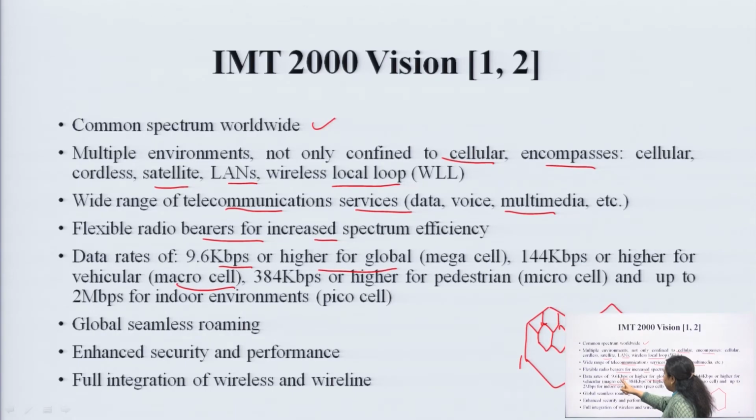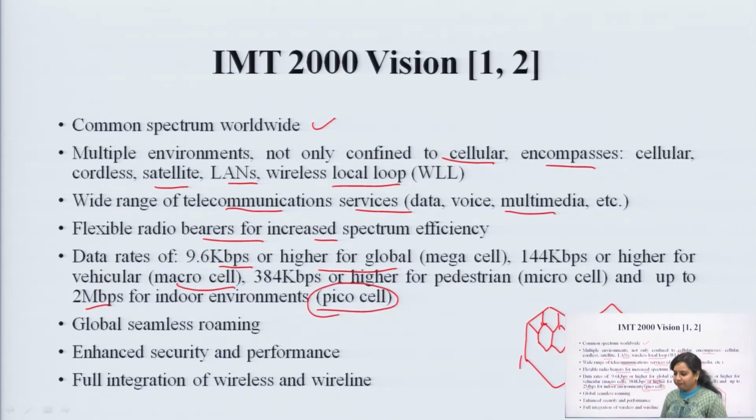You can see over here that 9.6 kbps or higher will be supported at the mega cell size. 144 kbps or higher will be supported for the macro cell. 384 kbps is supported for pedestrians, means the people who are walking, and for the indoor environment, 2 megabits per second is supported for the pico cells.